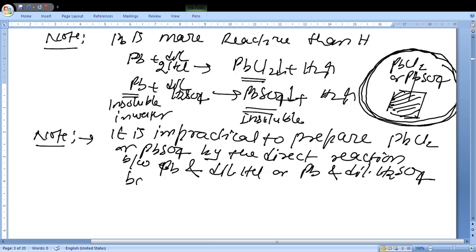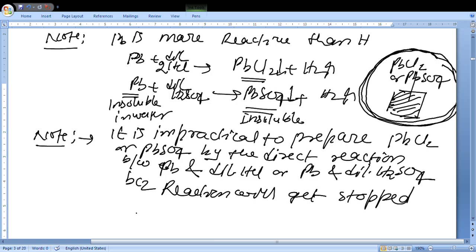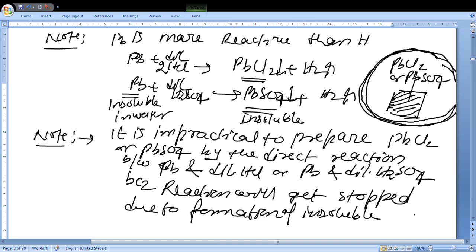Because the reaction will get stopped. Why will it get stopped? Due to the formation of what? An insoluble coating. Whose coating? If dilute hydrochloric acid is taken, then a coating of PbCl2.